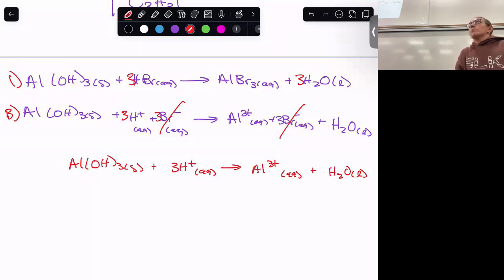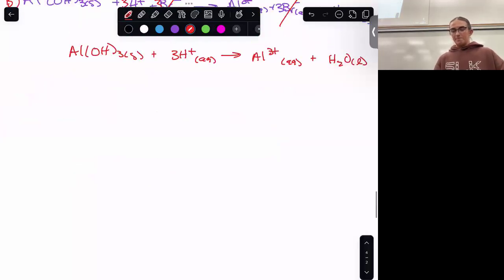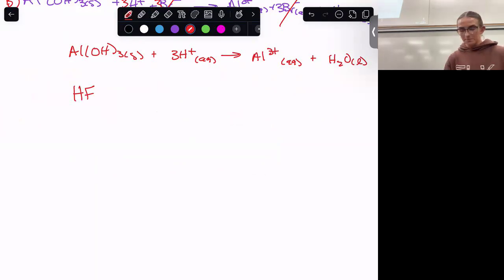Yeah, so for the net ionic equations, I feel like we're mostly going to give you things that fully dissociate. When he's talking about strong and weak, he's looking at molecular compounds and strong and weak acids. So something like HF is actually a weak acid, as in it doesn't fully dissociate.